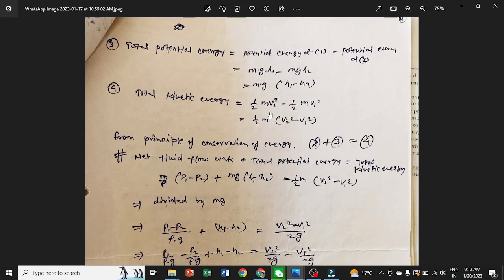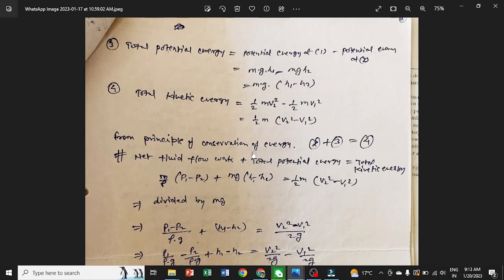We are keeping v2 first because the kinetic energy of water at exit is always higher than at entrance, so we have taken v2 first, then v1 later. So finally it is 1 upon 2 m(v2 square minus v1 square).